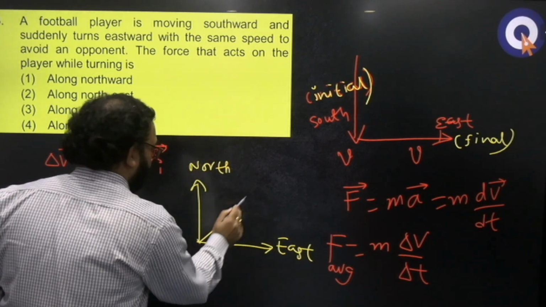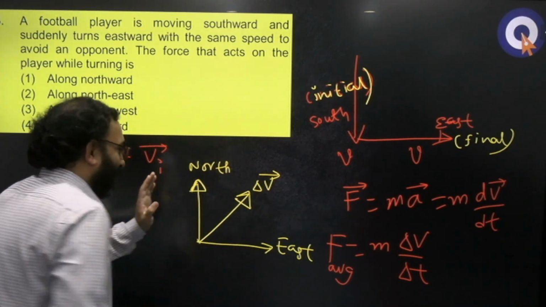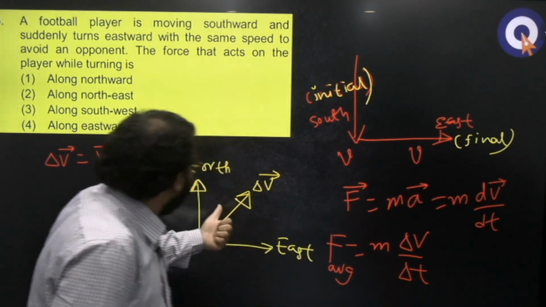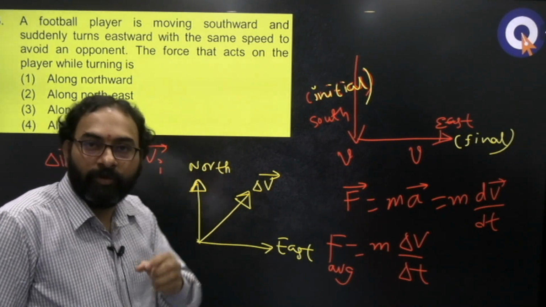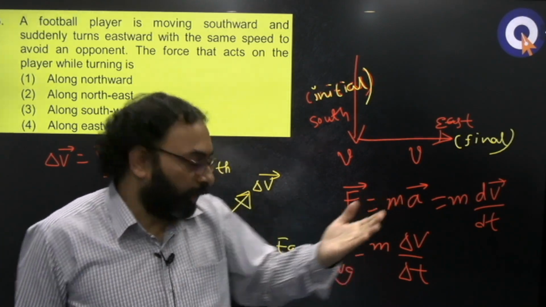So your direction of delta V bar is in between north and east, so it is northeast. This kind of calculation saves time. Easily you can answer.